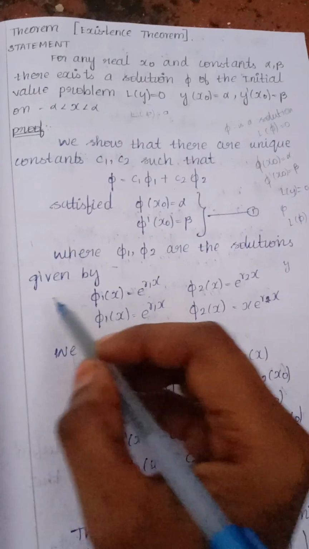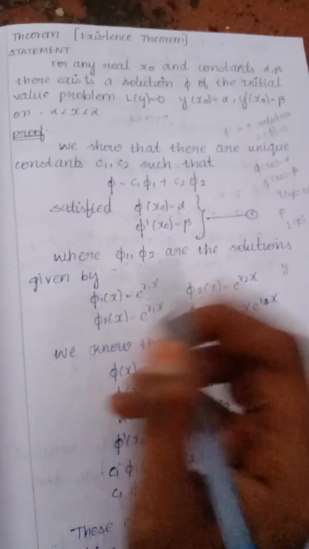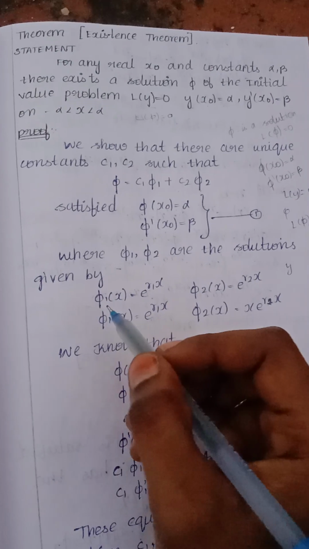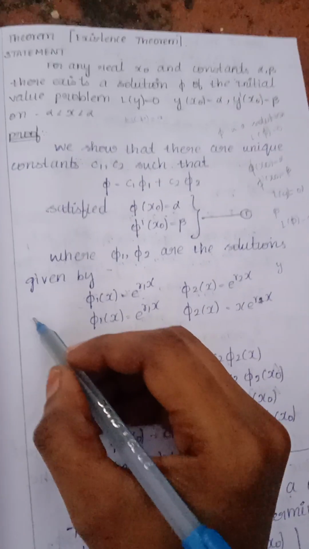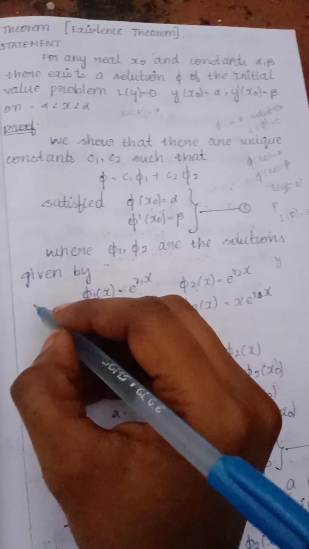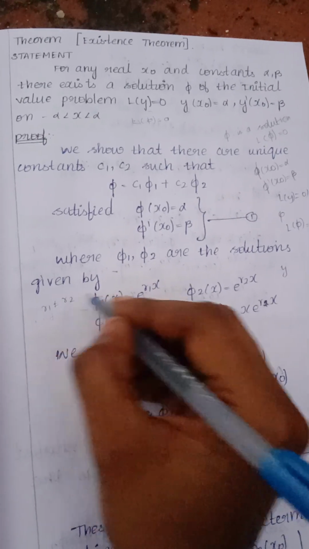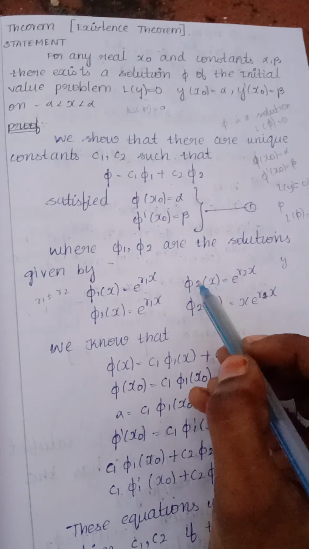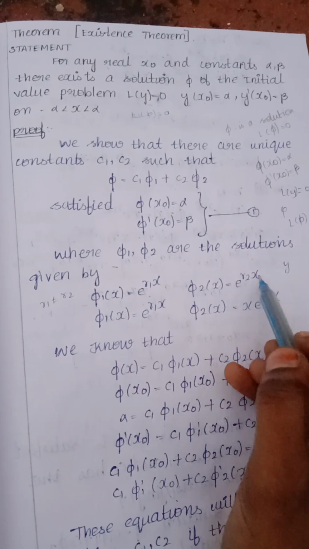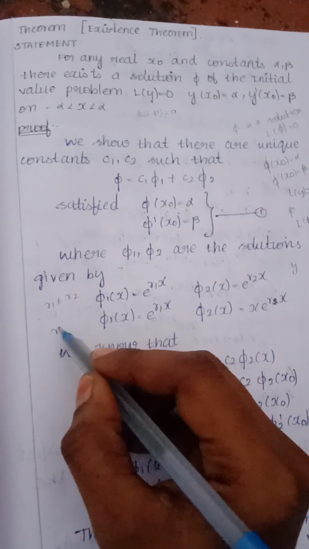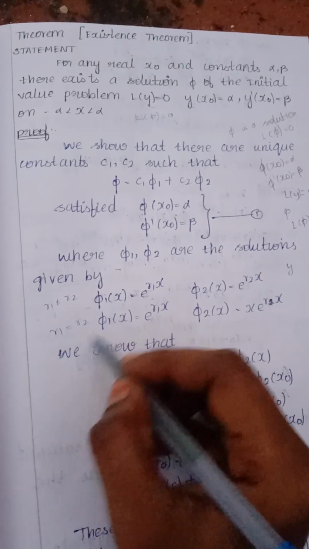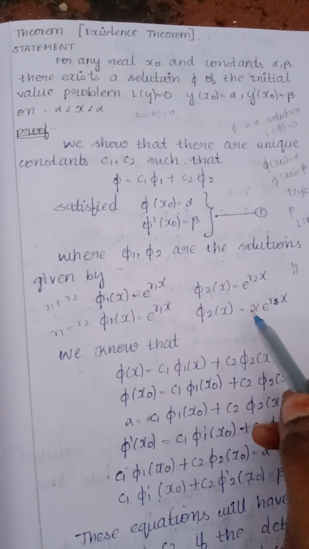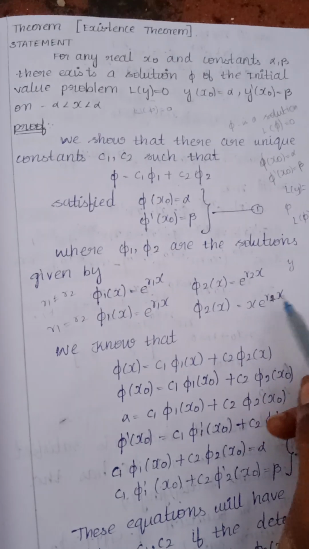So for a second order equation we have two roots, and the roots may be distinct or may not be distinct. If r1 not equal to r2, we write phi 1 of x equal to e power r1 x and phi 2 of x equal to e power r2 x. If r1 equal to r2, both are equal, then phi 1 of x equal to e power r1 x and phi 2 of x equal to x into e power r2 x.